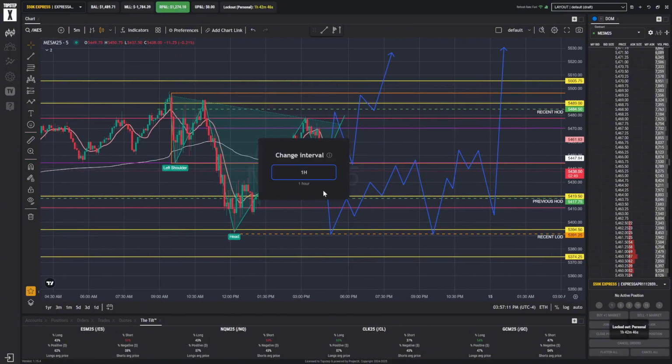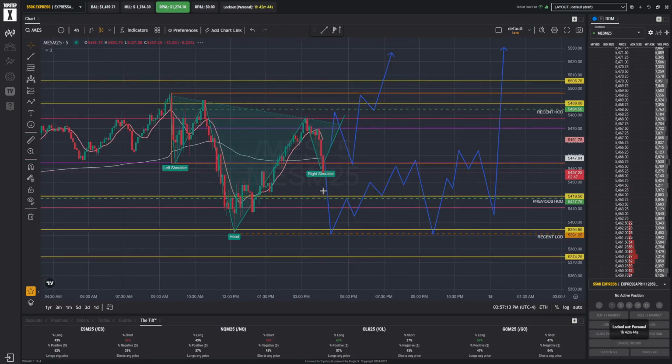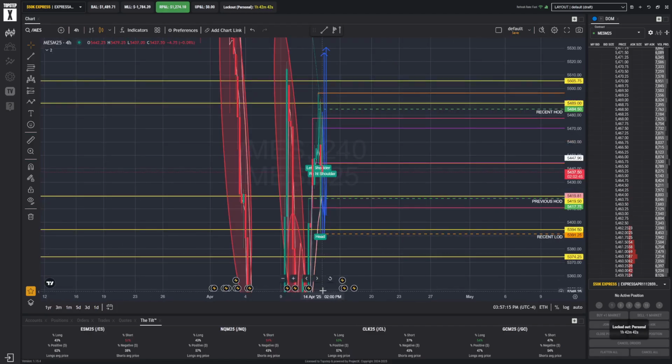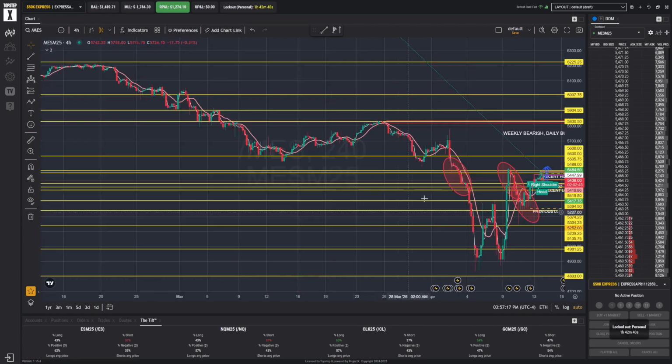If you want to learn how to spot them, look at them in the higher time frames, in the 4-hour time frames, 1-hour time frames, daily time frames too. Those are the more concrete patterns, more like the telltale signs of where market direction wants to go.